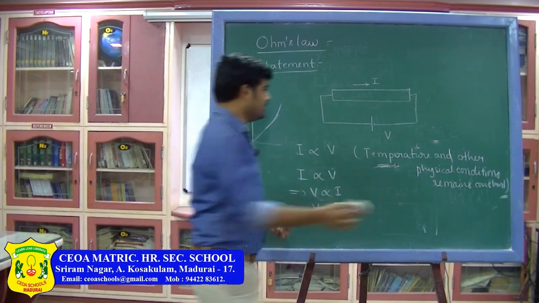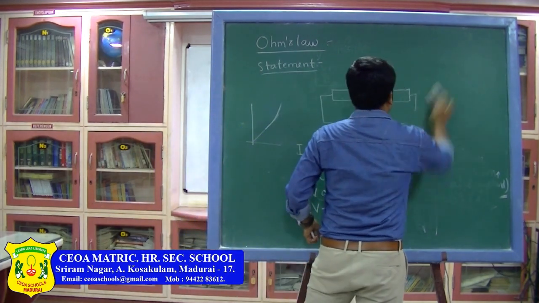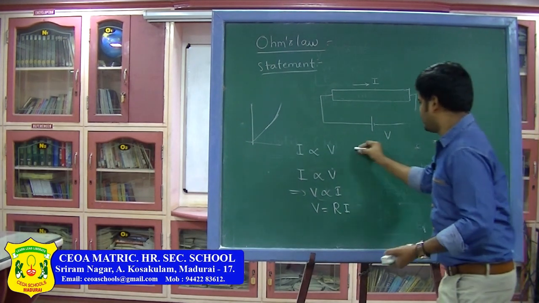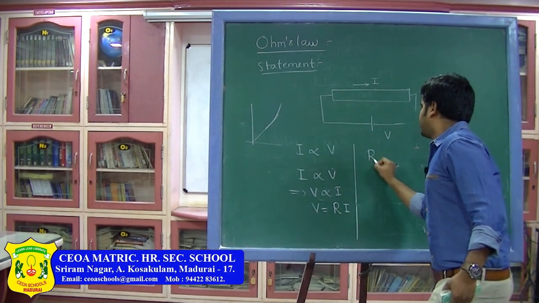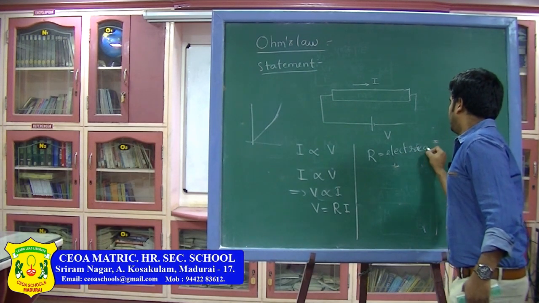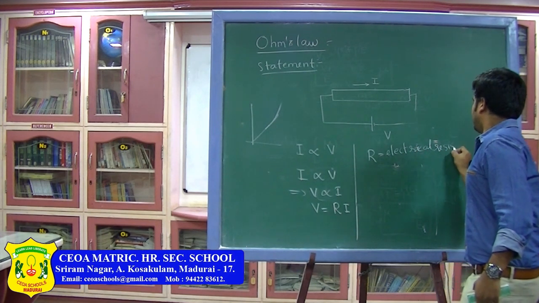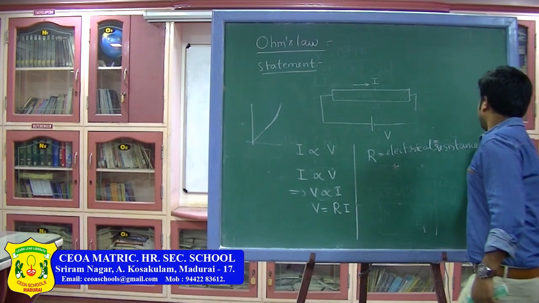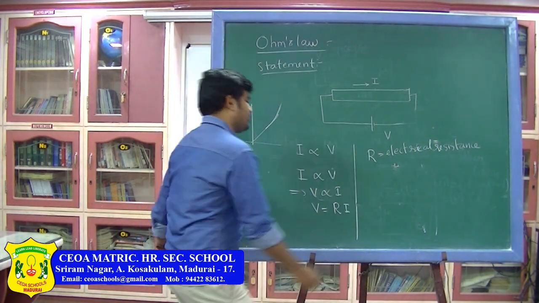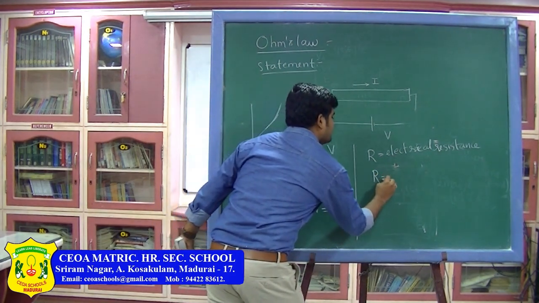Very important physical quantity, electrical resistance. So, now let us get the expression for R. R is equal to V by I.